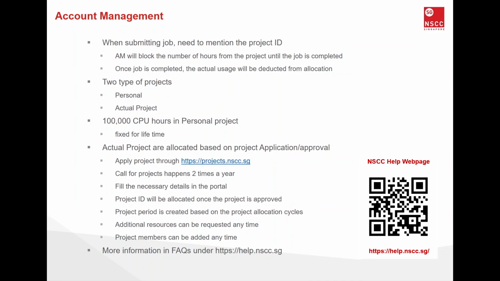For stakeholders such as A*STAR, NUS, NTU, SUTD, there is a one-time allocation of 100,000 CPU hours in their personal accounts. This allocation is fixed for a lifetime. So if the CPU hours are exhausted in the personal project, there is no way we can make any further deposits.